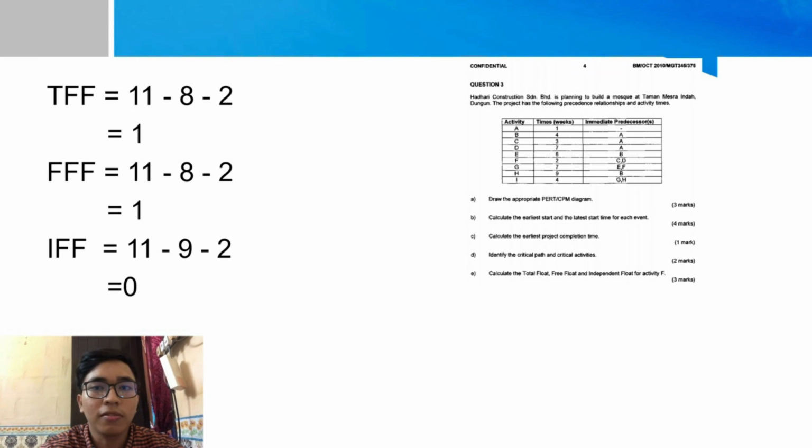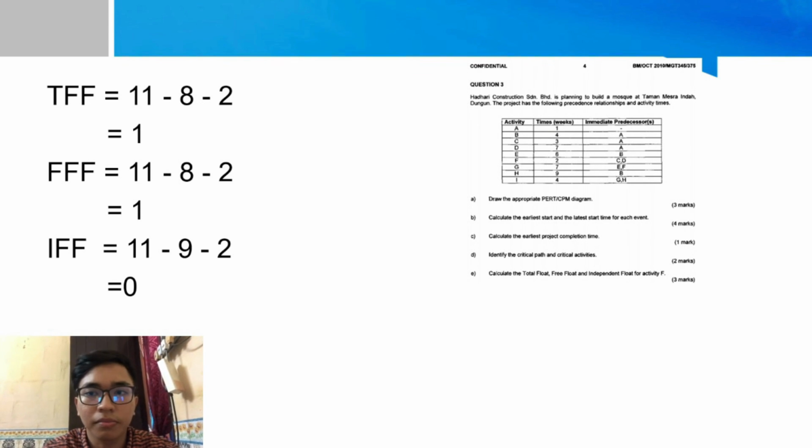For the independent float, we need to find the EET of activity F, LET, and the duration time. The EET of activity F is 11 minus 9, which is LET, and minus 2 for the duration time, is equal to 0.